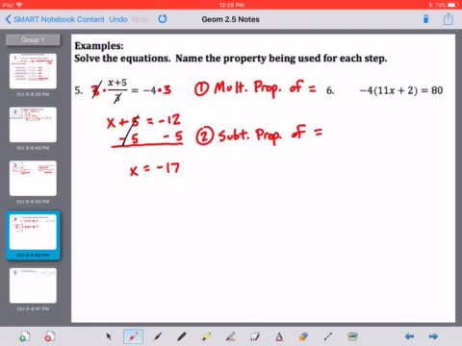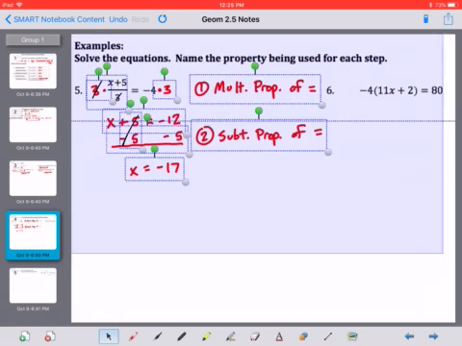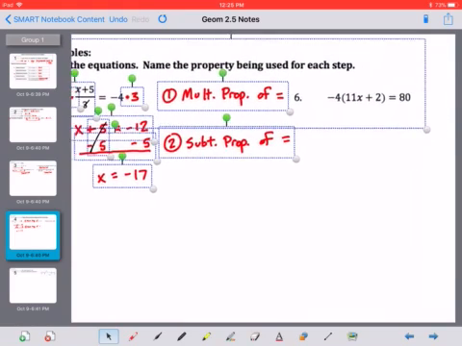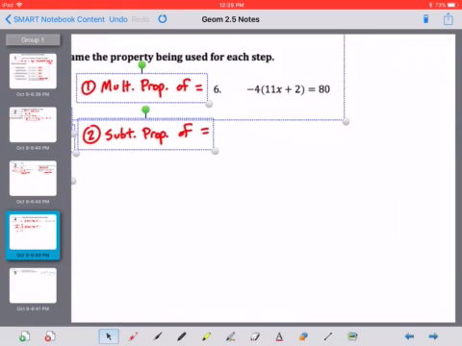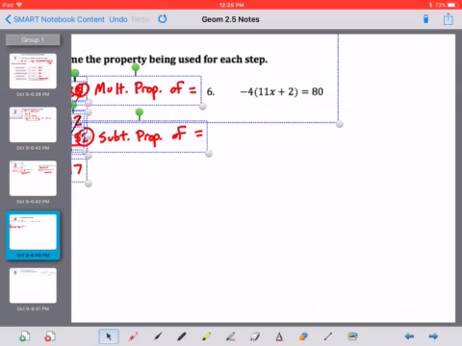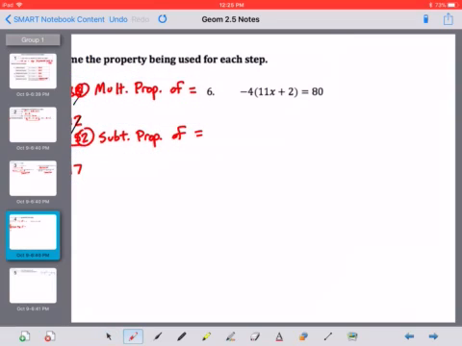Okay. All right, so let's look at another example. If you'd like to try example 6 on your own, that would be just fine, and then you can watch the video, see how you did. All right, let's take care of this -4 first.